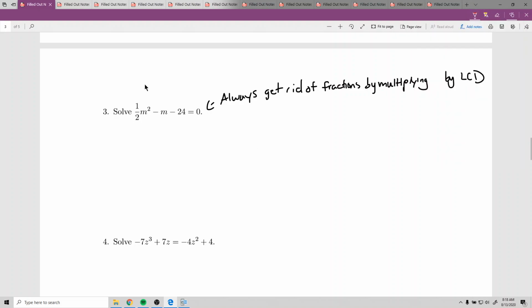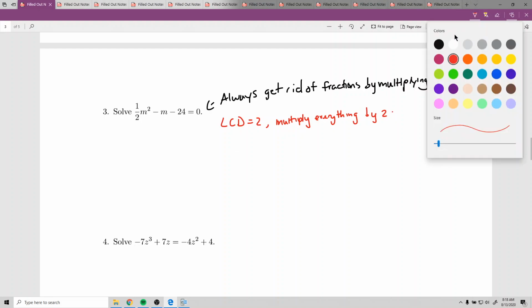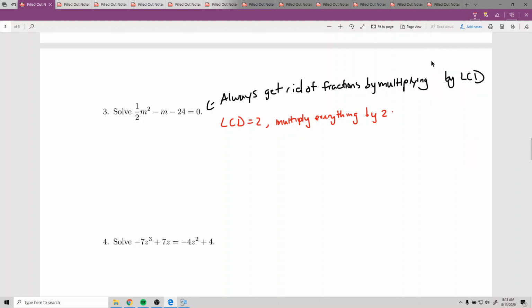And here, the least common denominator, we only have one denominator, which is 2. So we're going to multiply everything by 2. I'm going to write it out visually and then simplify it.